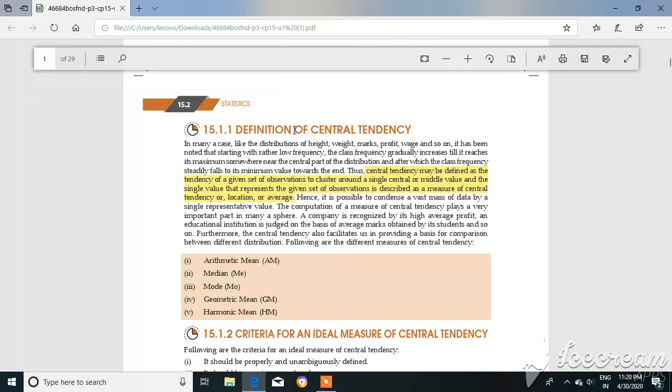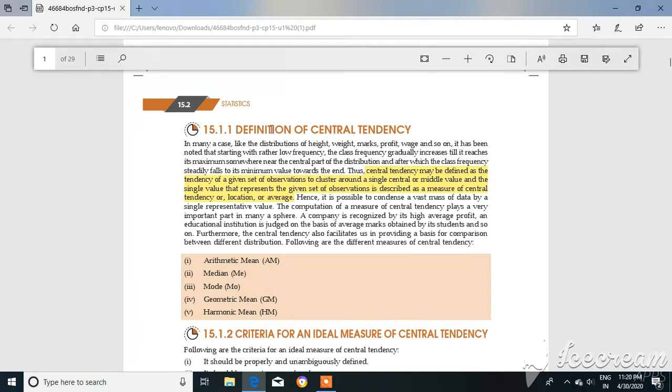But what is measure of central tendency, or what is central tendency? So it is a single representative which gives centralization of your data. Okay, so this central tendency gives us average. And what is dispersion? Dispersion is nothing but variability in your data.